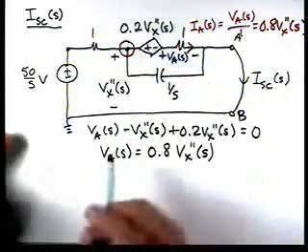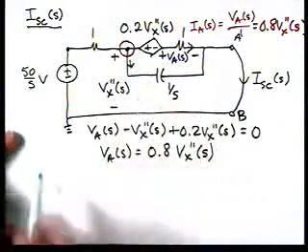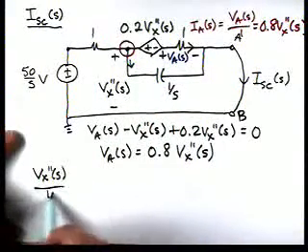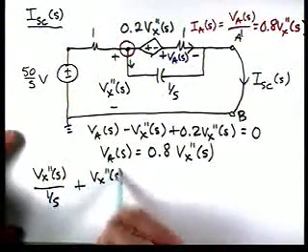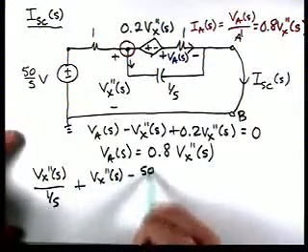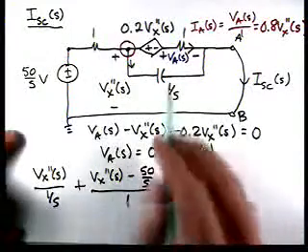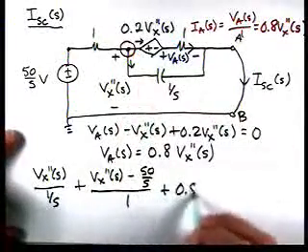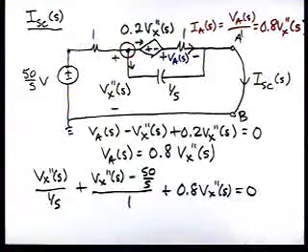So for instance, if we do KCL here, we would have Vx double prime of S over 1 over S. Then we would have Vx double prime of S minus 50 over S divided by 1. And then we'll have this current, which is IA, which is 0.8 Vx double prime of S equal to 0.